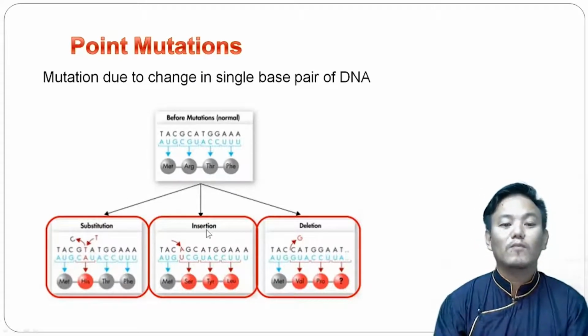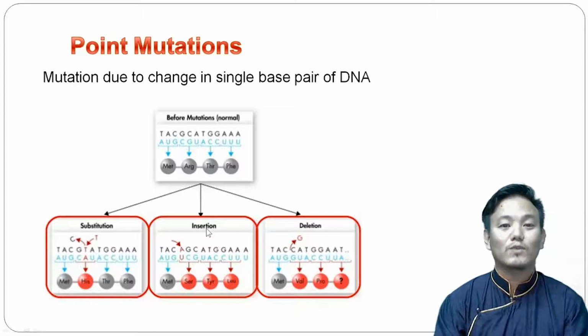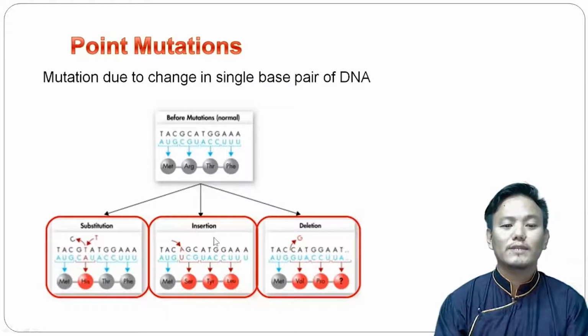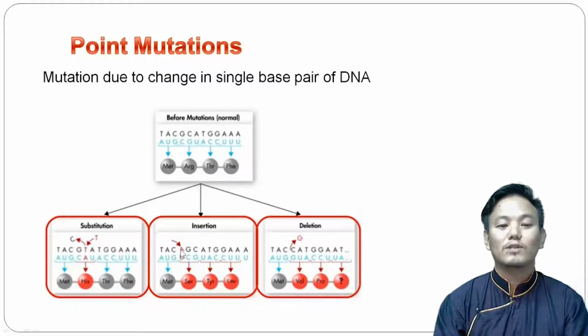The second form of point mutation is insertion. The word itself is self-explanatory again. There is an insertion or addition of one base over here. So TAC is followed by G, right? But over here you can see that between TAC and GCA there is insertion of an adenine.